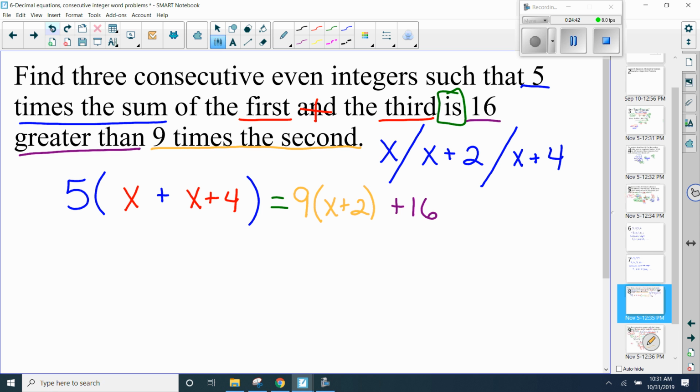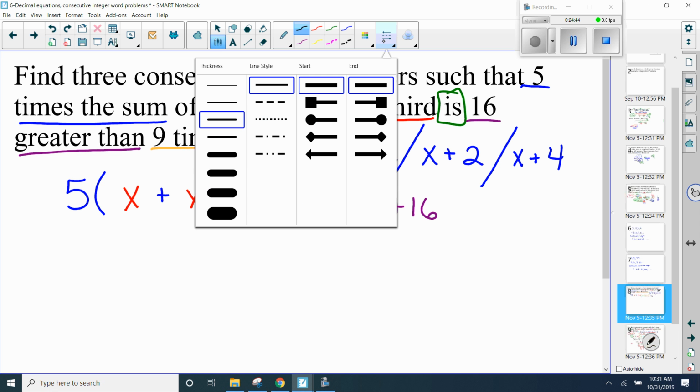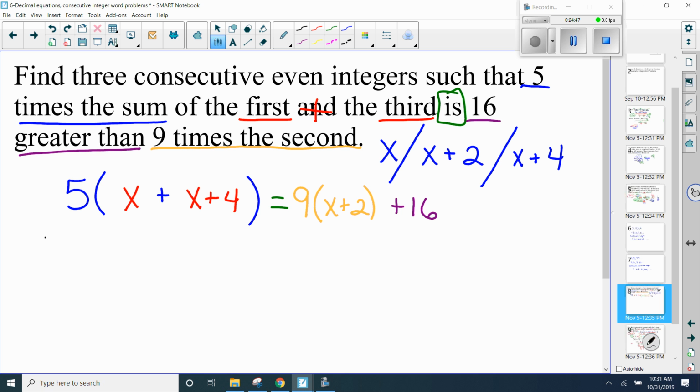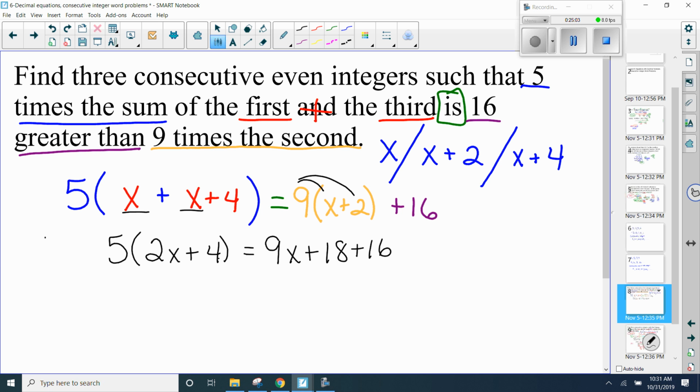Okay, so we need to solve it. What are you going to do to solve it? Simplify inside the brackets. So I have 5x plus x is 2x plus 4. On the right-hand side, I'm going to use the distributive property to give you 9x plus 18 plus 16. How do I simplify the left? 10x plus 20 when you use the distributive property.